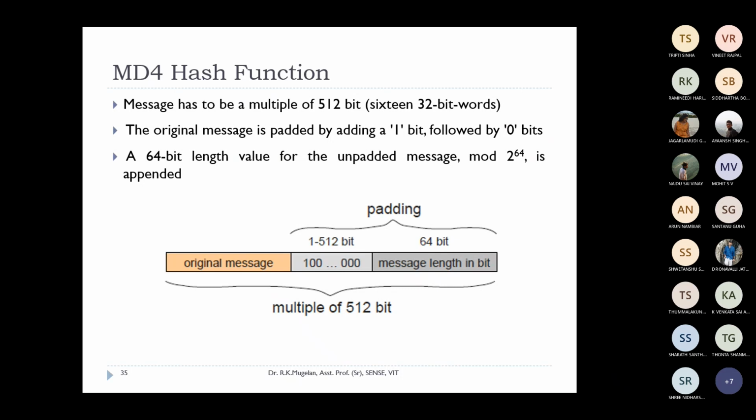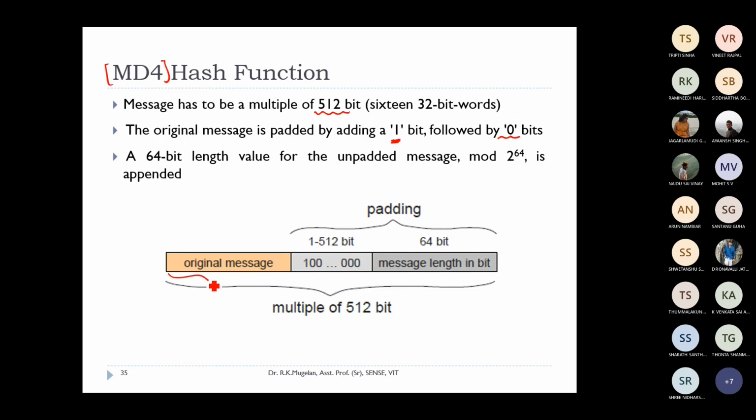Now, how is the message going to be prepared? The incoming message has to be in multiples of 512 bits, because each and every block is made up of 512 bits. The padding will be done by adding bit 1, followed by however many zeros are needed to complete the entire length. It is not simply adding pads. In the MD4 algorithm, I want everyone to listen very carefully.